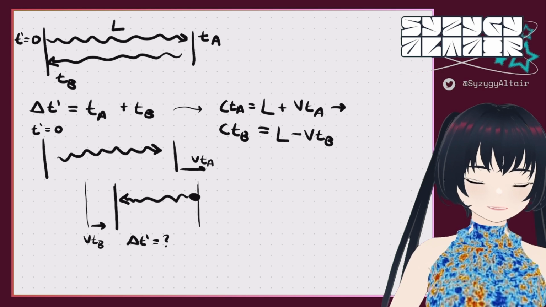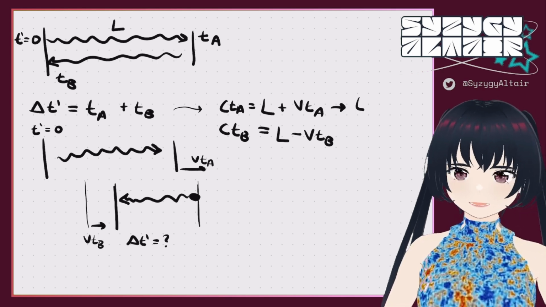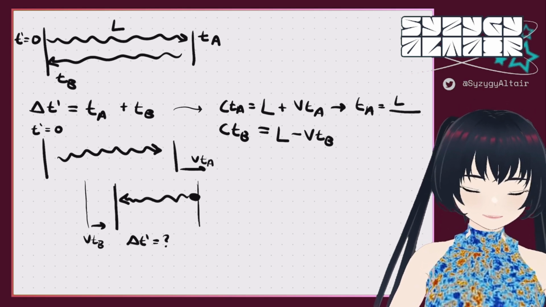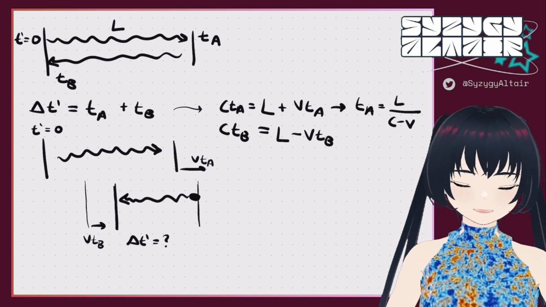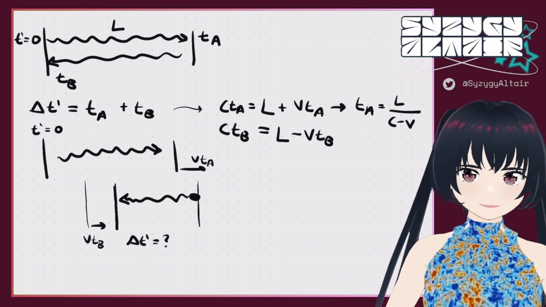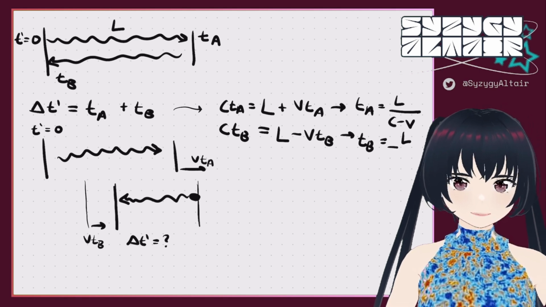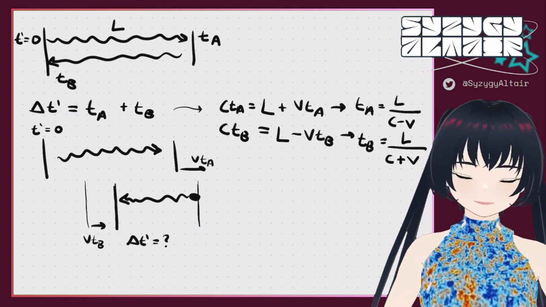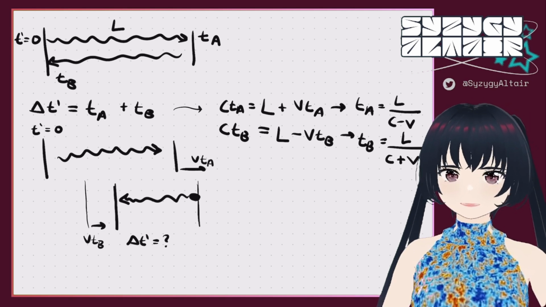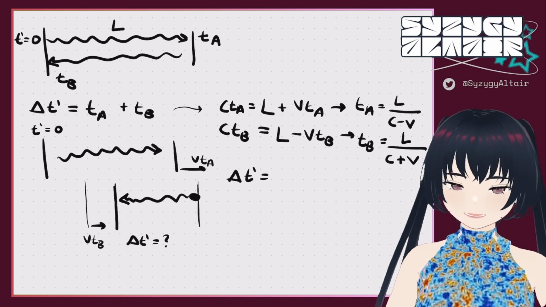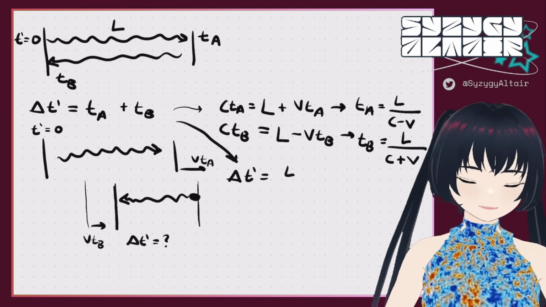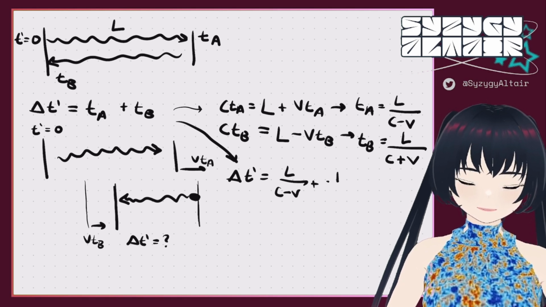We can reorganize each of these equations to solve for ta and tb first. So ta is equal to L over c minus v, and tb is equal to L over c plus v. Therefore, the total delta t prime is equal to L over c minus v plus L over c plus v.